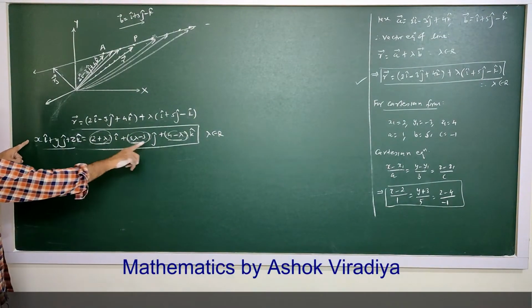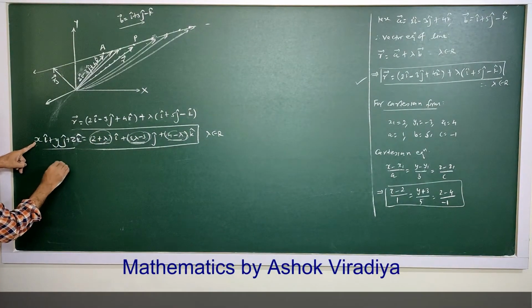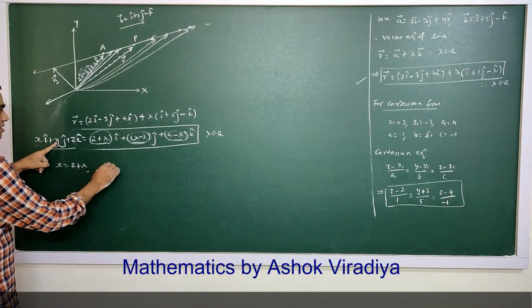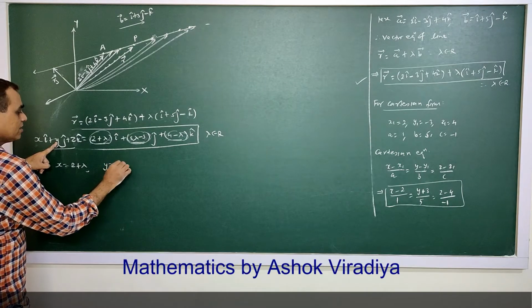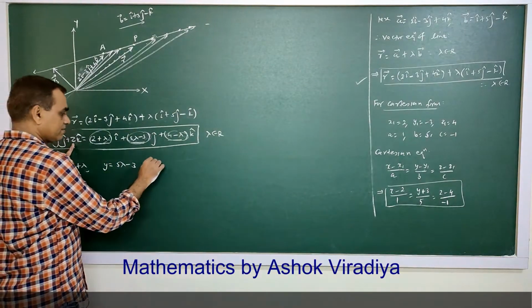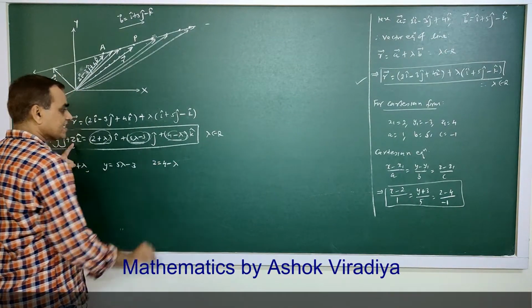Now if you compare components on both sides, then x is 2 plus lambda, y is 5 lambda minus 3, z is 4 minus lambda.